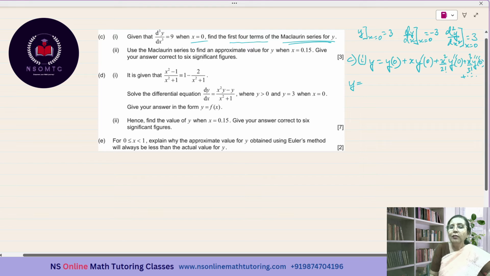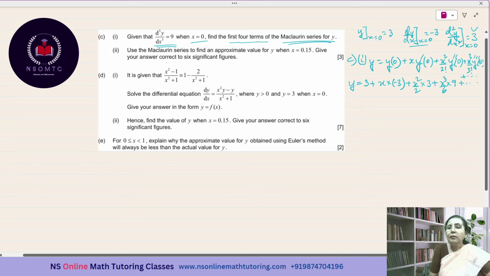Y of 0 is equal to 3, plus x times, that is negative 3. This one plus x square over factorial 2 is 2. Double dash, it is 3. Plus x cube over factorial 3 is 6. Triple dash, this is 9. Plus dot dot dot.